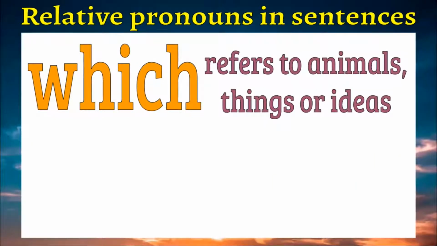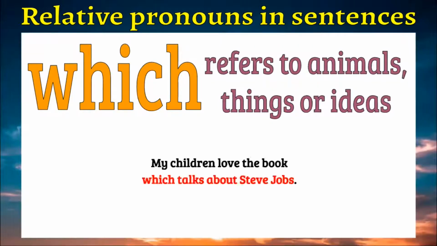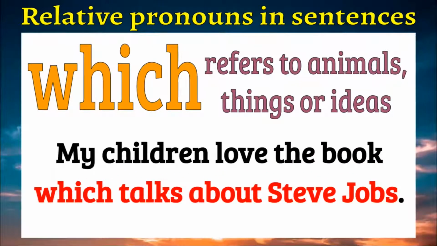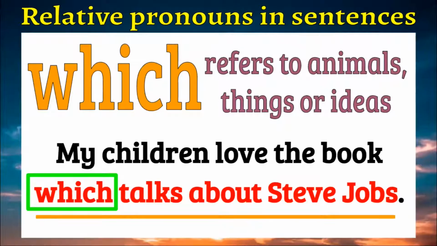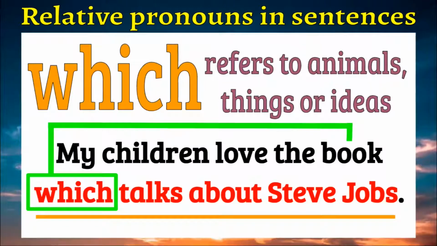It refers to animals, things, or ideas. For example, my children love the book which talks about Steve Jobs. The relative pronoun is which. The relative clause is which talks about Steve Jobs. Which refers to the book.